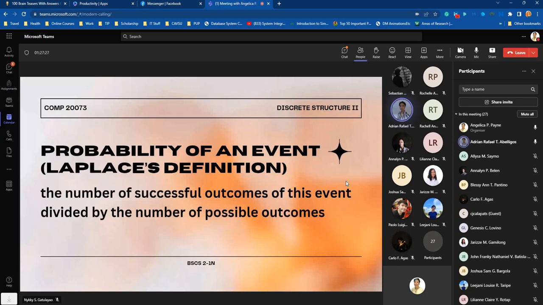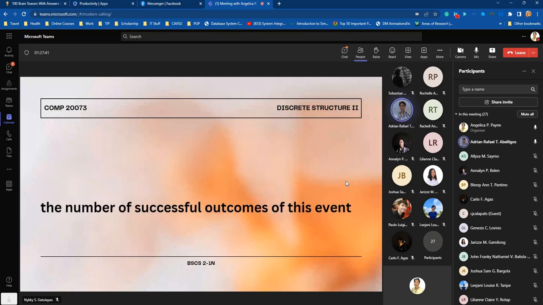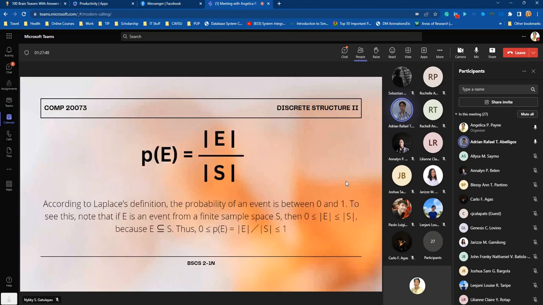Probability of an event, according to Laplace's definition, is the number of successful outcomes of this event divided by the number of possible outcomes. So in finding the probability of an event, we use this formula. P of E equals the number of elements in E over the number of elements in the sample space.